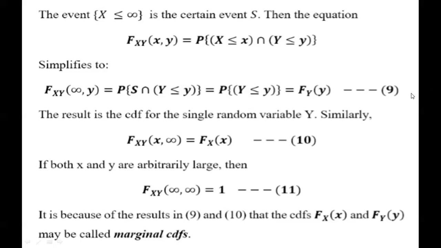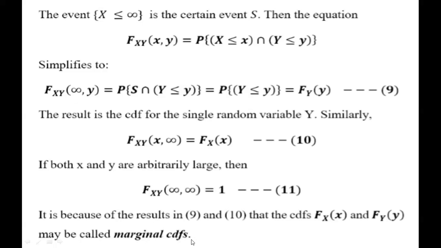The equations 9 and 10, the CDFs of random variables x and y, are called marginal CDFs. Remember, the single random variable CDF obtained from the bivariate random variable CDF is called the marginal CDF.